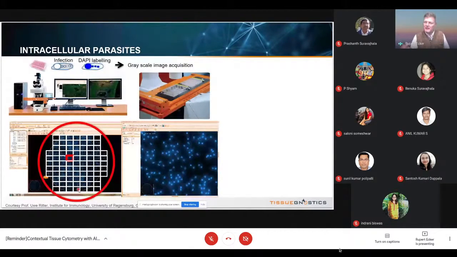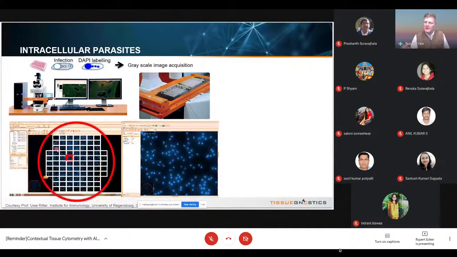And they used our inverted TissueFAXS system in well plates, in cultures of macrophages, to quantify the effect of treatment using different agents. What we see here is one virtual well, not a virtual slide, because we are working in a microwell plate. So this is one well of a 20 well plate.